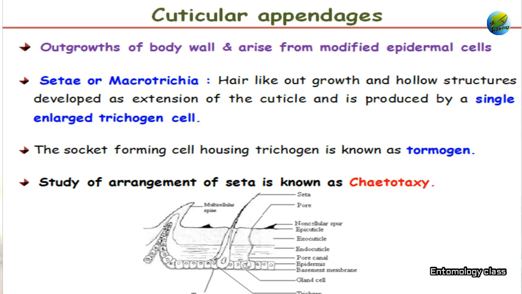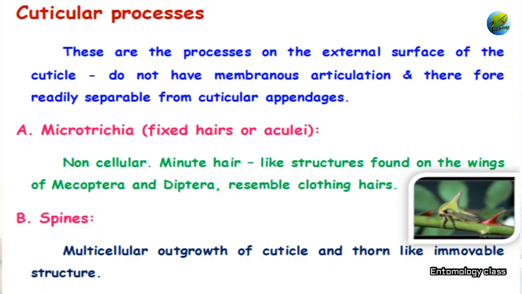Like the cuticular appendages, there are also other extensions from the cuticle area, which are called cuticular processes. These are processes of the external surface of the cuticle which do not have the membranous articulation, and therefore they are readily separable from the cuticular appendages. In order for any appendage to move, it needs the cellular articulation, or otherwise known as the attachment with any living part of the organ.